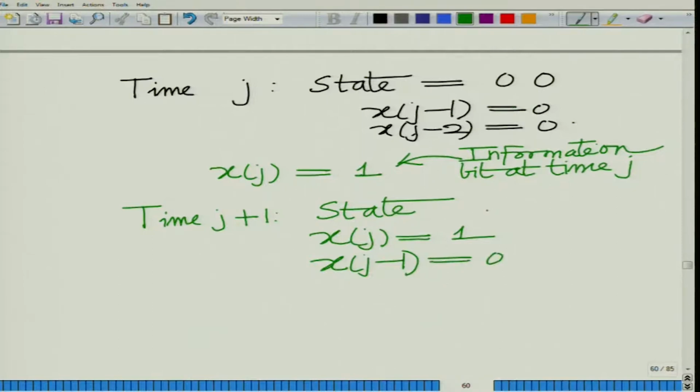So the state will be equal to 1 0. On arrival of 1, it transitions to the state 1 0, because the 1, which is the information bit x_j, in the next time instant j plus 1 will become x_{j-1}, and x_{j-1} will become x_{j-2}. So, from 0 0 on arrival of 1, it transitions to 1 0.